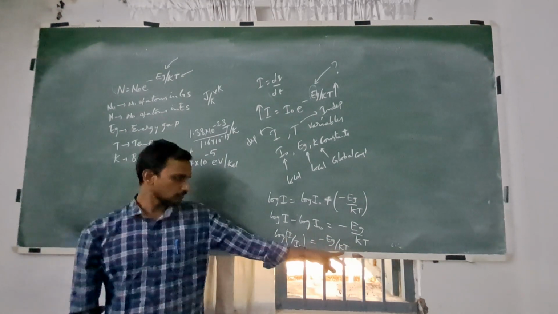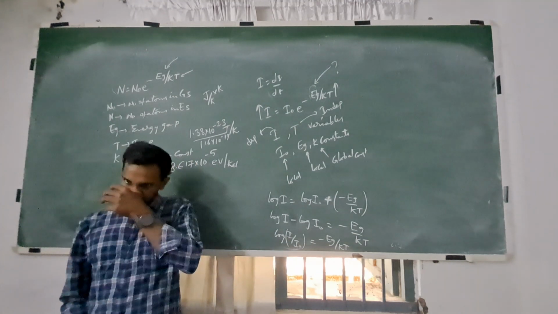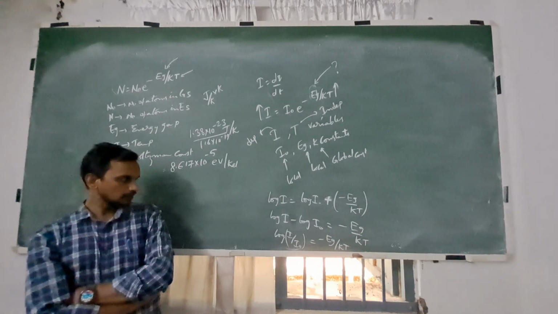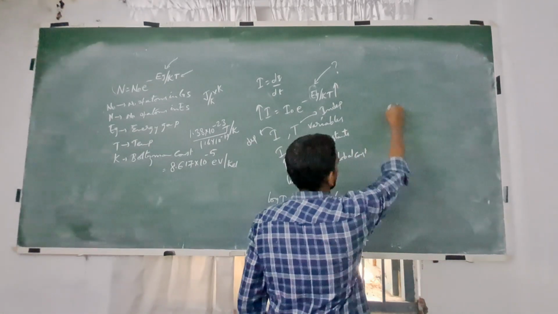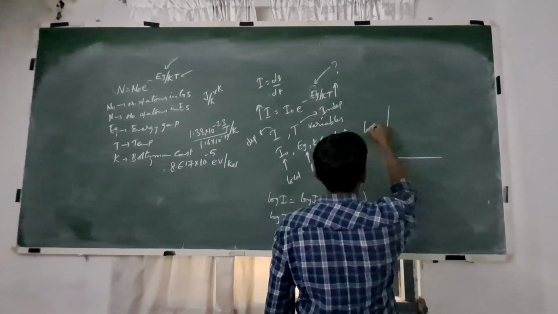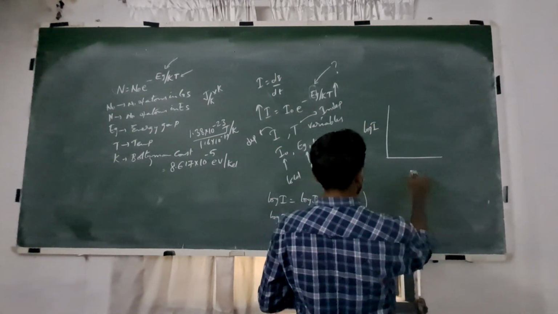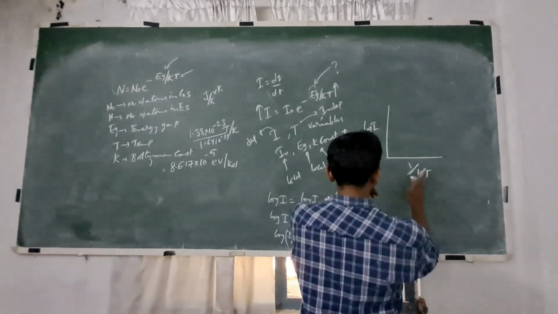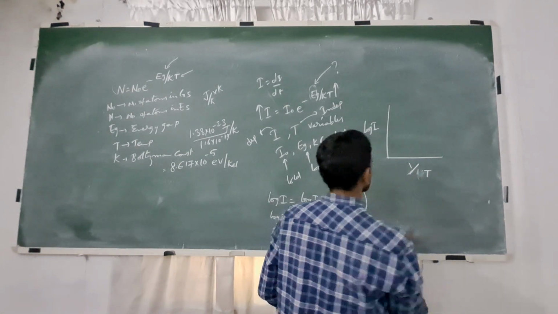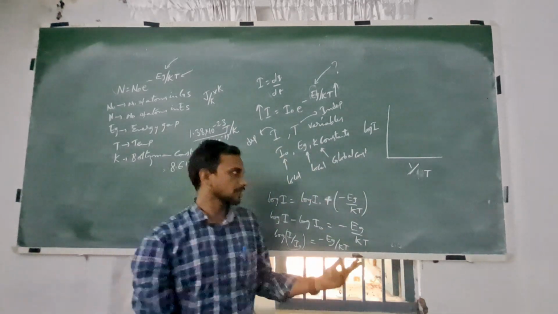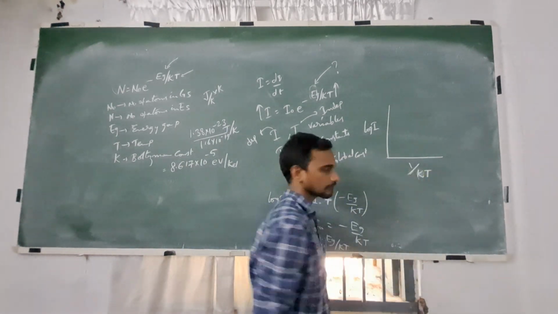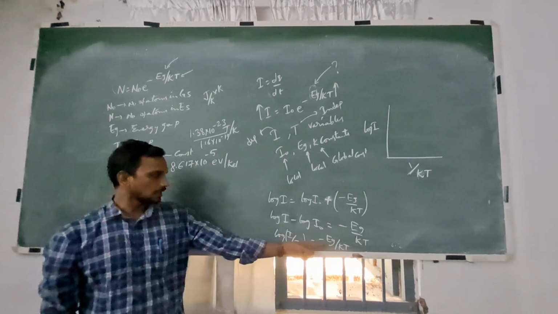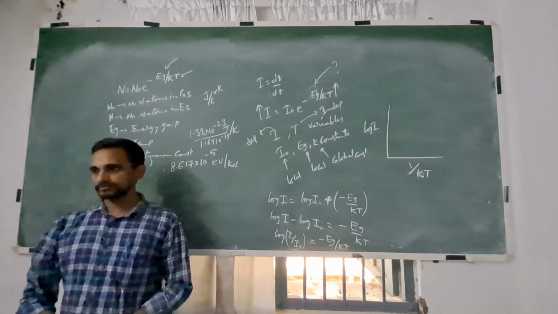So temperature is one variable, current is the dependent variable. Then what graph should we draw? If I draw a graph between log I versus 1 by T, or otherwise 1 by KT, I should get a negative slope of Eg.